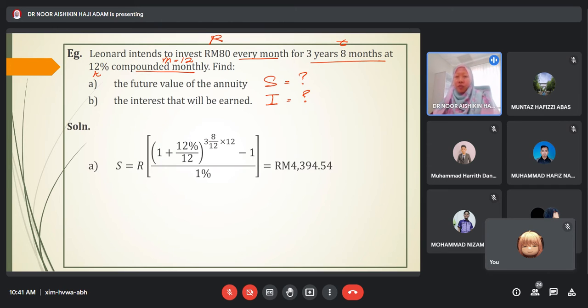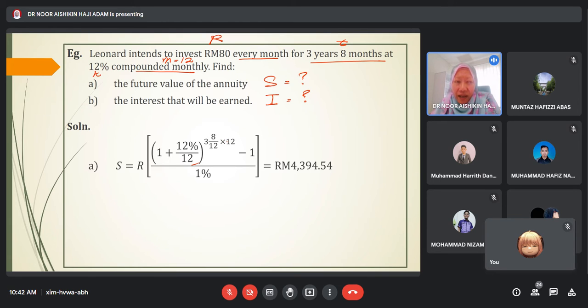So, there you go. 1 plus 12% over 12, K over M. 1 plus I to the power of 3, 8 over 12, because our term is 3 years, 8 months, times 12, because M equals 12.